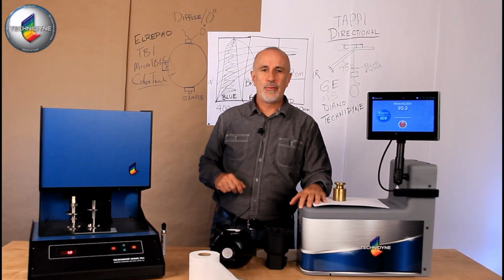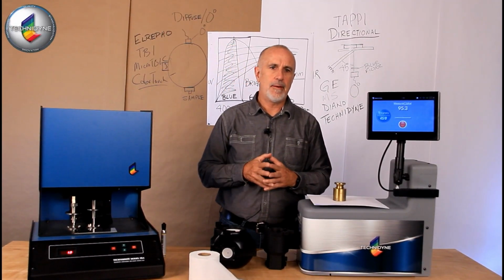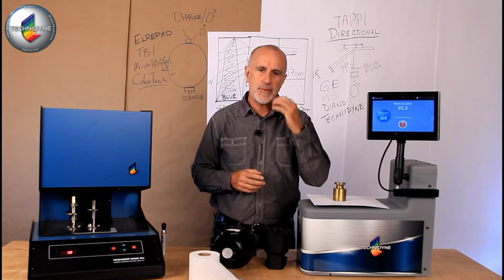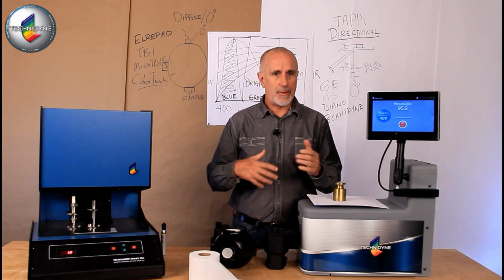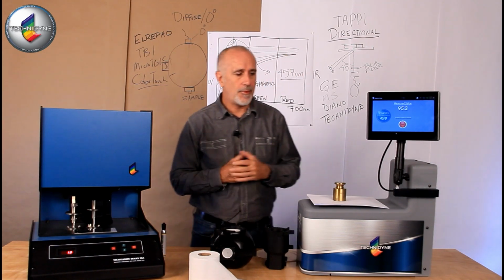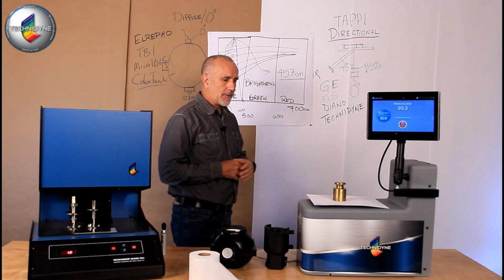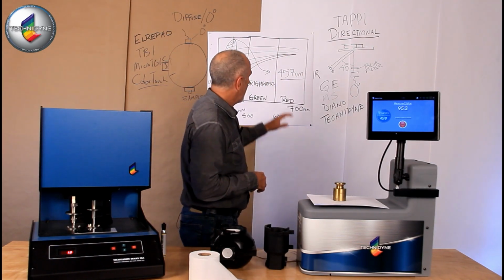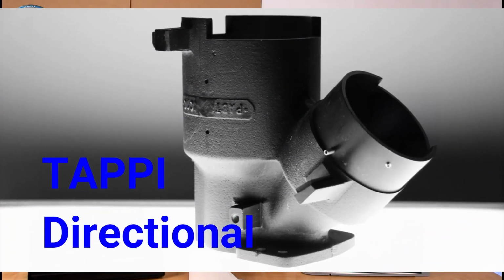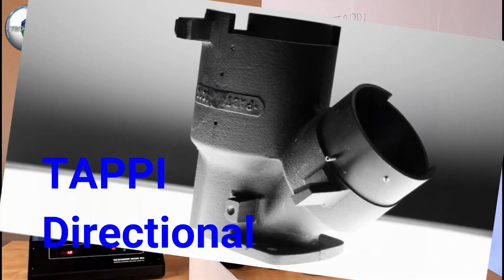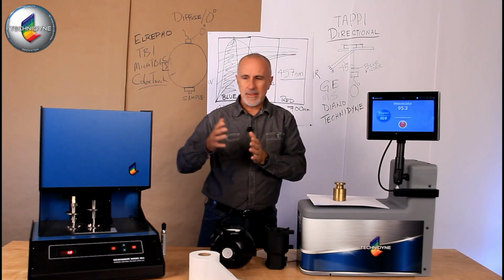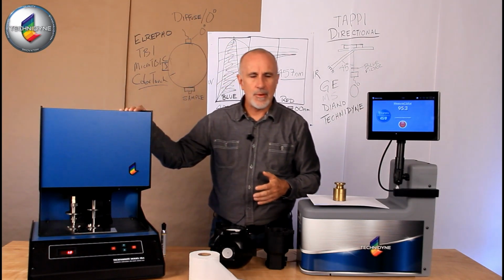Okay, welcome to our fourth session, fourth tutorial on the brightness discussion. We've addressed so far the history and where brightness has come from. Then we talked specifically about the TAPPI brightness measurement and how it evolved over time, known as the directional method, and then how in the 1950s the ISO method came along.